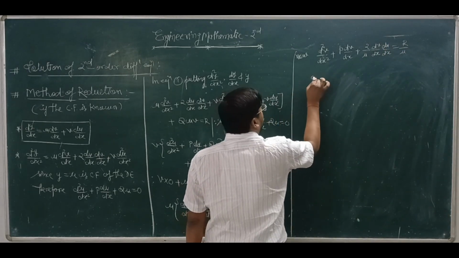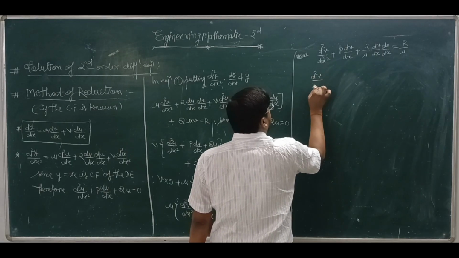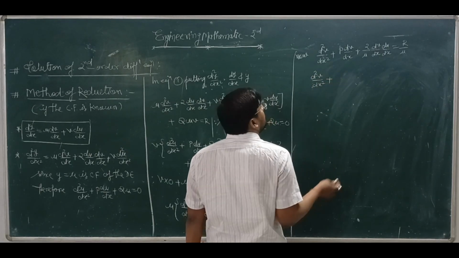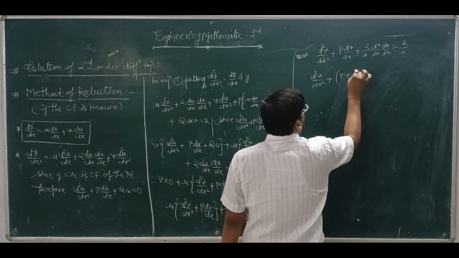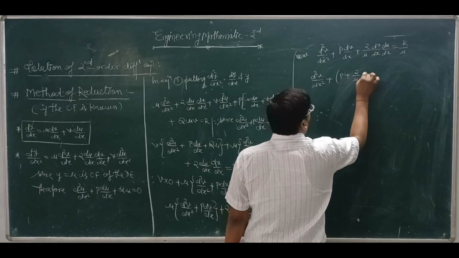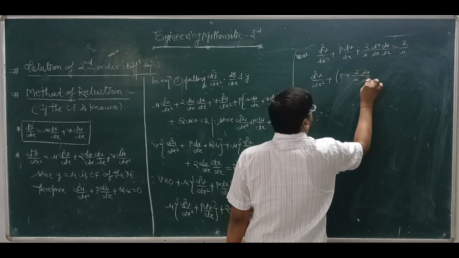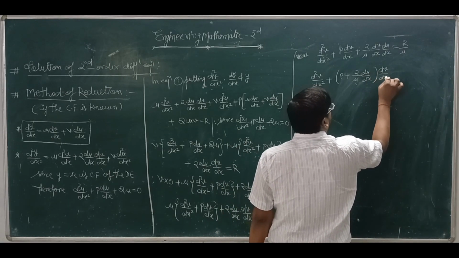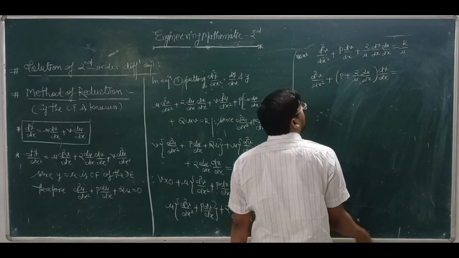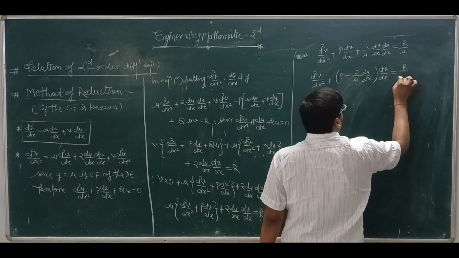Now you can write d2v of dx2 plus p plus 2 upon u du of dx into dv of dx is equal to r by u.